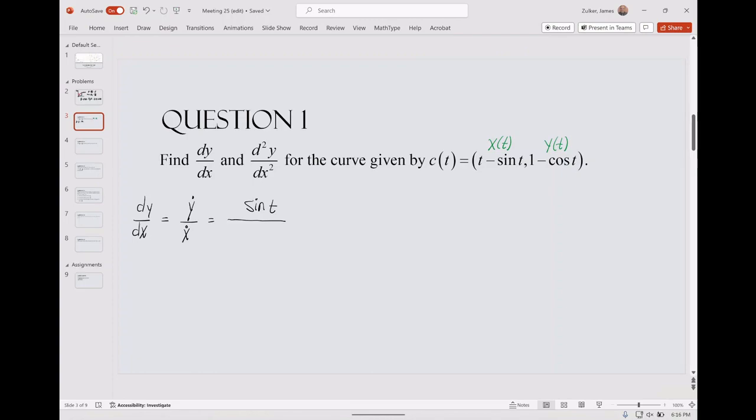Are you saying that is the answer? I don't know. So what'd you say it was? 1 minus cosine? And you're not sure? Should be. Have more confidence. There's dy dx.